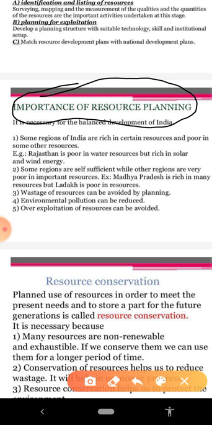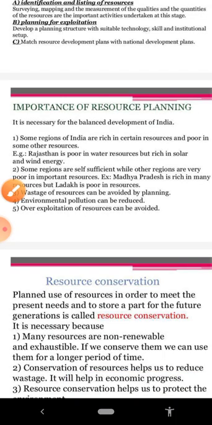There are regions which are rich in certain types of resources but are deficient in some other resources. There are also some regions which can be considered self-sufficient in terms of availability of resources, and there are also some regions which have acute shortage of some vital resources. So due to all these reasons, resource planning is very important.